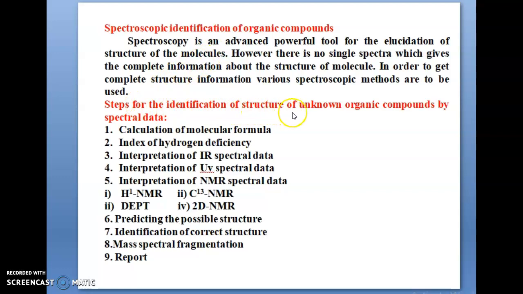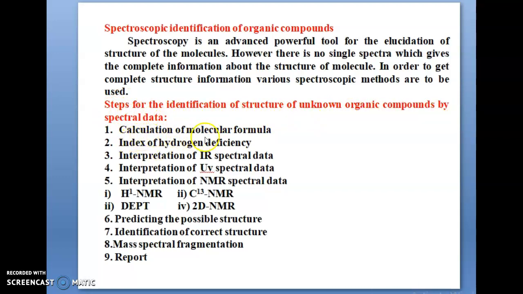Steps for the identification of the structure of unknown organic compounds by spectral data. What are the steps? A total of 9 steps are involved. Using these 9 steps, you can find out the structure of an unknown organic compound.